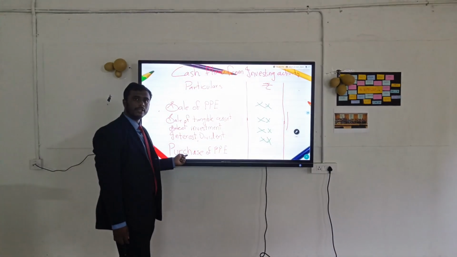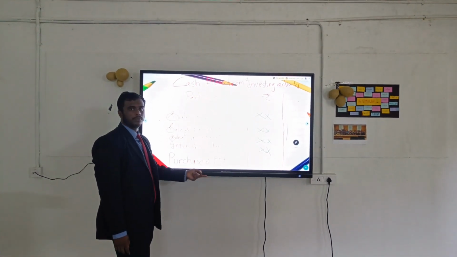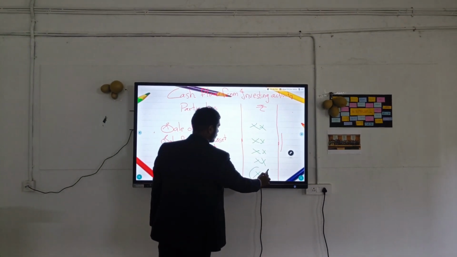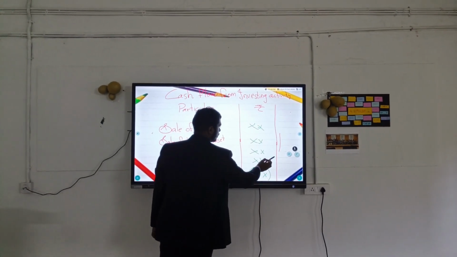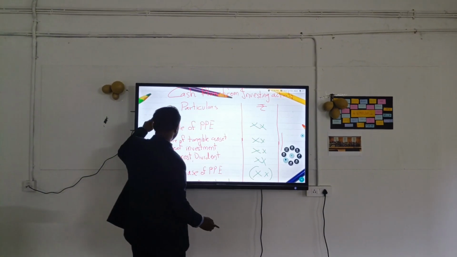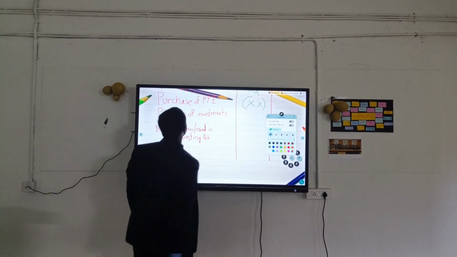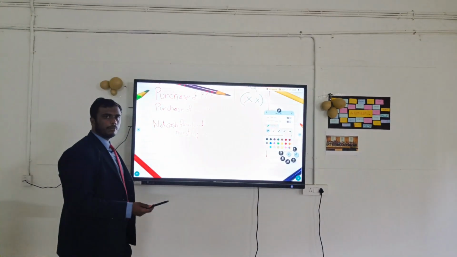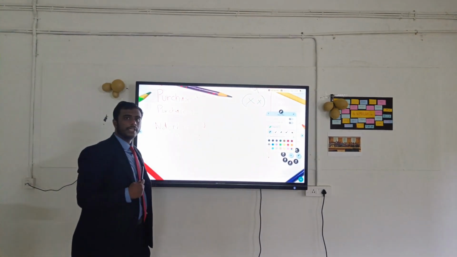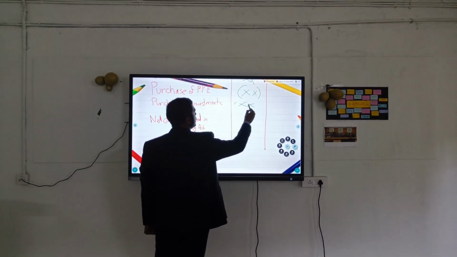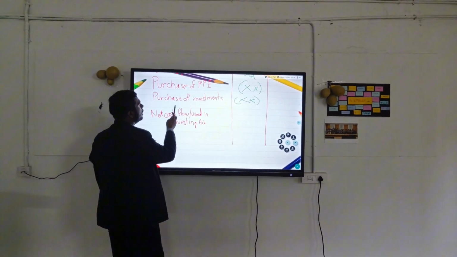In this, the cash is an outflow, so we should deduct this and put it in a bracket. Next is purchase of investments. Purchasing investments is an outflow, so we should deduct it.